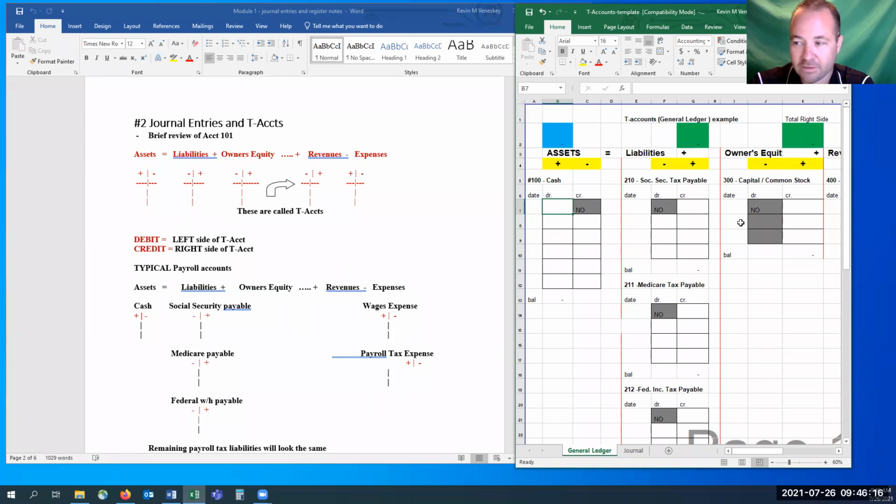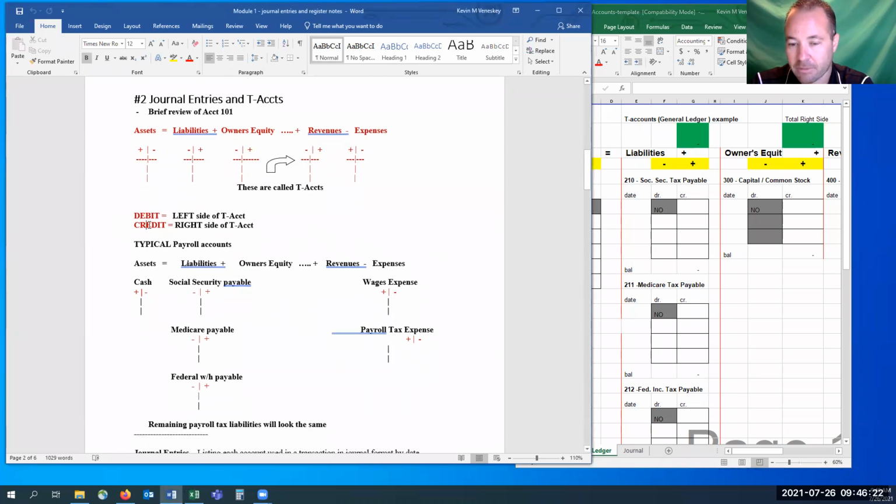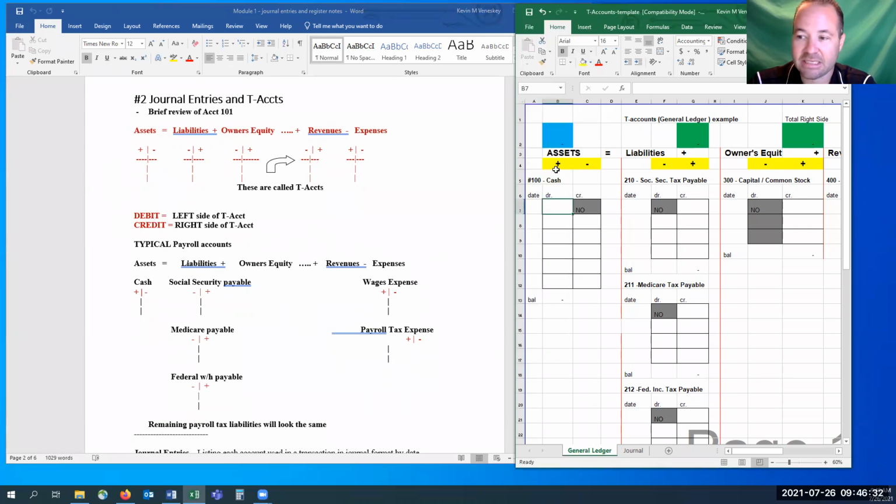Now, before we get into the rest of this, I want to make 2 notes here about what a debit is and what a credit is, because we're going to be talking a lot about these 2 terms. Basically, think of it as a debit as the left side of the T account. So anything over here is a debit.